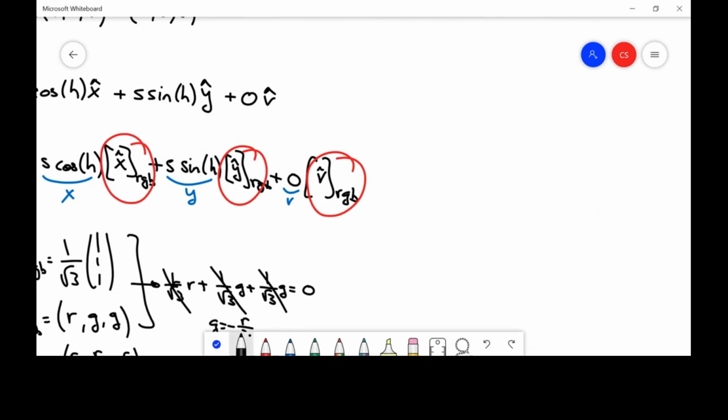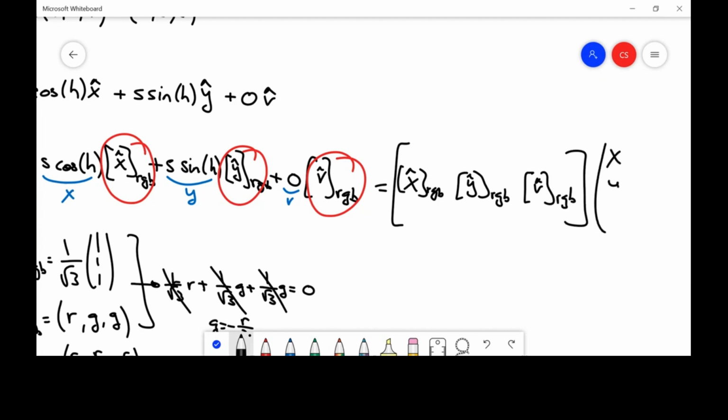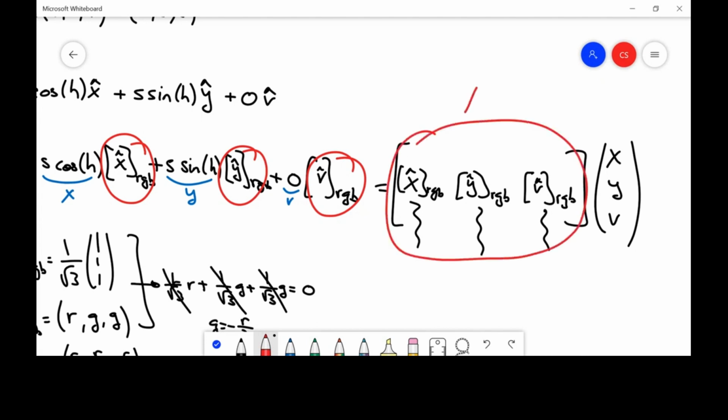This will be a matrix that has X in RGB, and then Y in RGB, and then V in RGB, multiplied by X, Y, V, and these are column vectors. Okay, so these are column vectors. And this whole matrix, I can call it A.